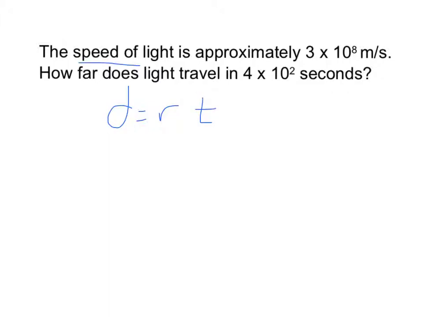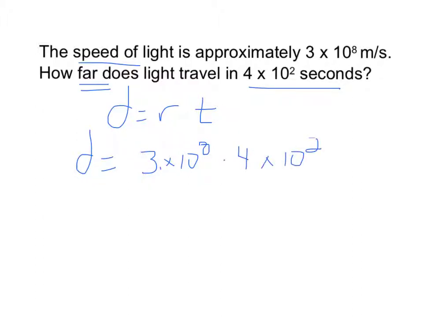The speed, that's the rate, 3 times 10 to the 8th. How far, so I'm looking for my distance, and this is my time. It becomes a really easy problem. So a lot of the problems today have to do with distance equals rate times time. So I'm going to multiply them.